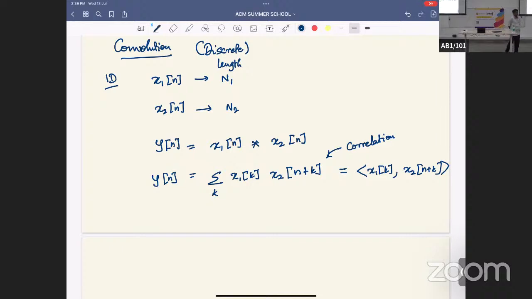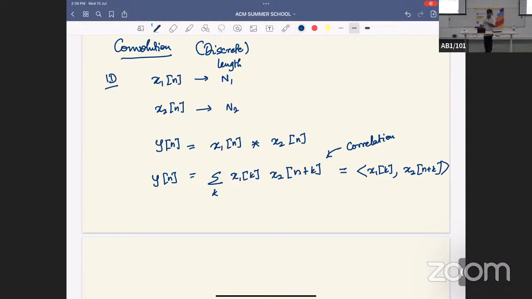x1 of k, inner product with another sequence. So one inner product I take after a shift n, I am going to get one number. So I have a sequence, I have a shifted sequence, I take an inner product, and we put it at the location n in the new sequence y you are creating, right?